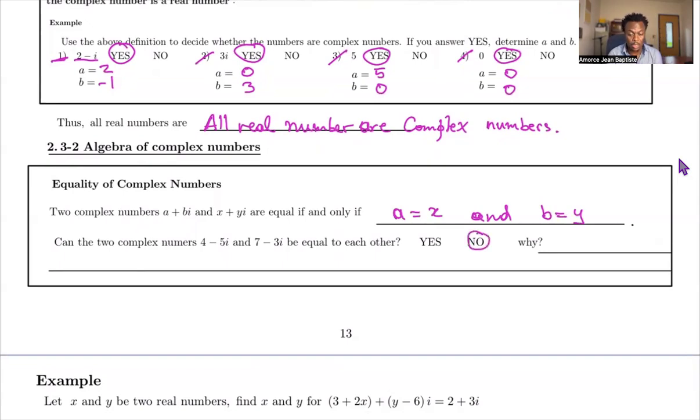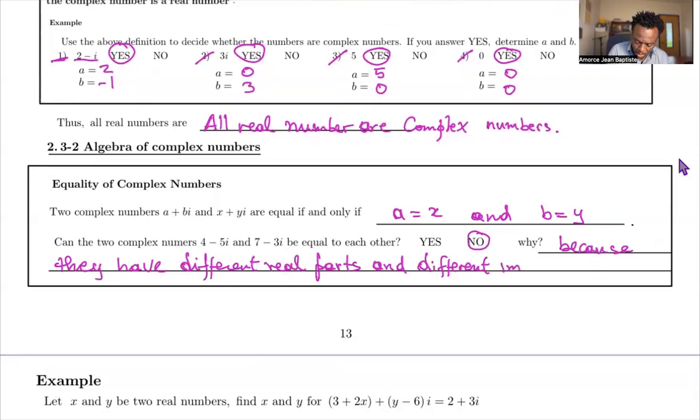The reason is because the two numbers have different real parts and different imaginary parts.